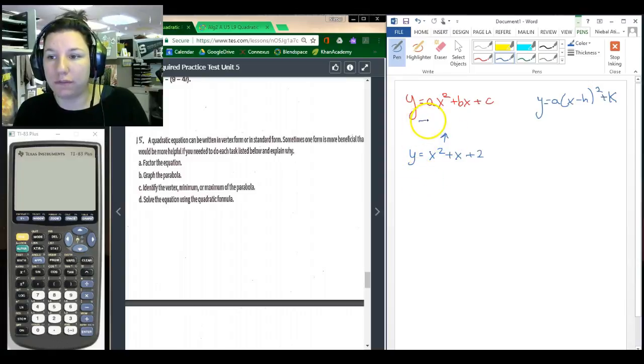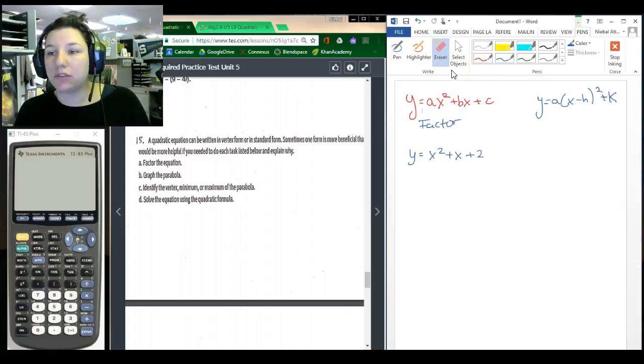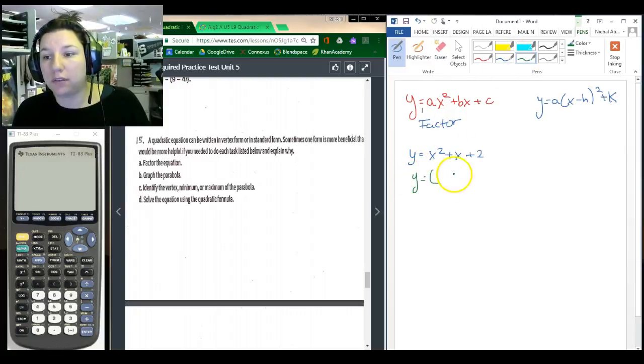Okay, so it's easier to factor from standard form. And again, you can put whatever explanation makes sense for you. I find it's easier to factor from standard form because it makes it easier to check your answer afterwards as well. All right, so I factor this.